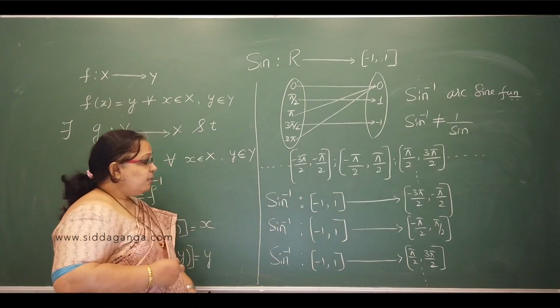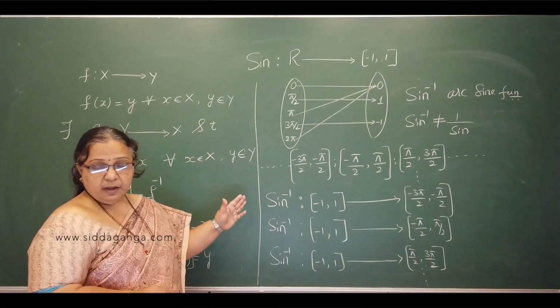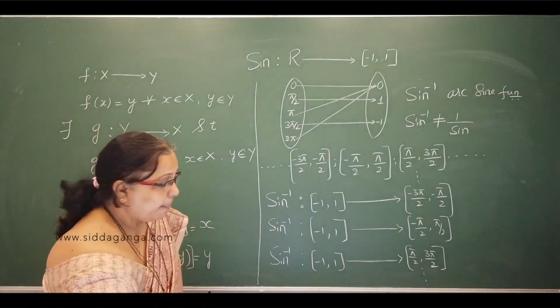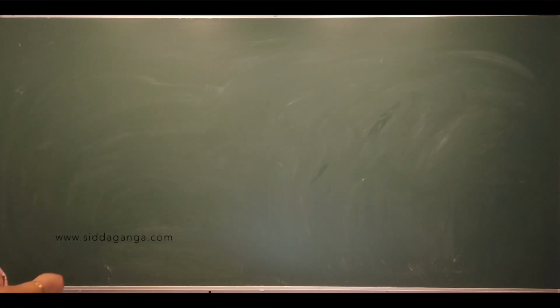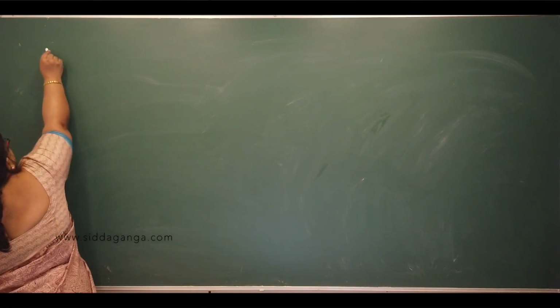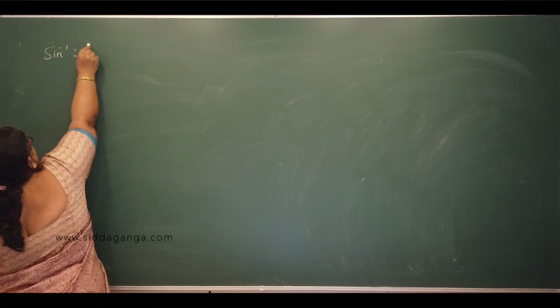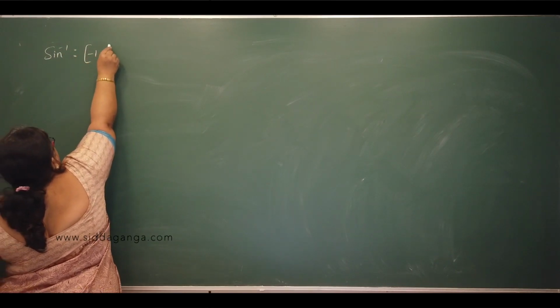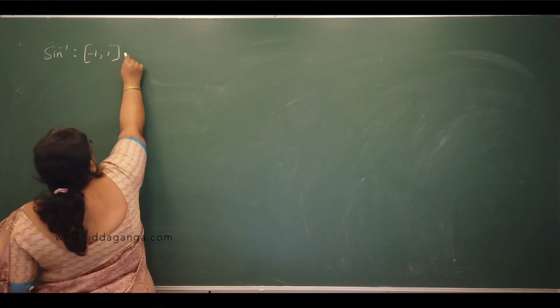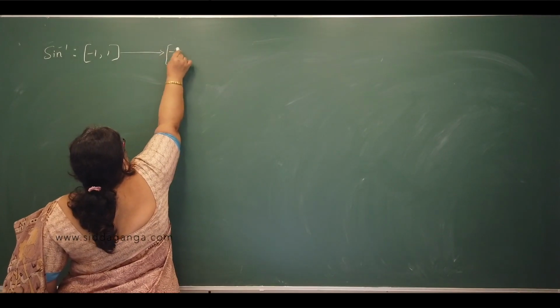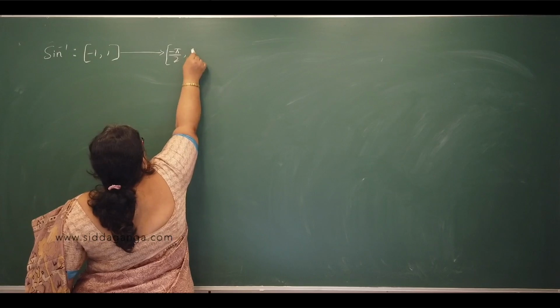Hence we have sine inverse as a function from the closed interval minus 1 comma plus 1, which is the domain, and the range we have to take as the principal value branch range.